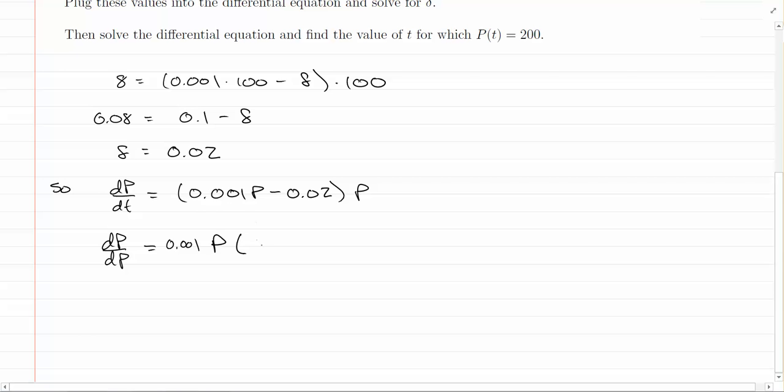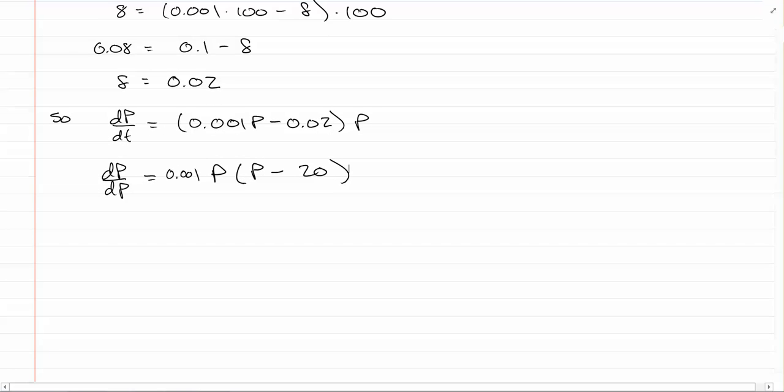That would leave me with p in the parentheses, and then it would leave me with 0.02 divided by 0.001, which is 20. That's what would happen to the 0.02 if I factored out a 0.001. If there's any doubt about that, go ahead and distribute the 0.001 back into the parentheses, and see that it's equal to what we started with.